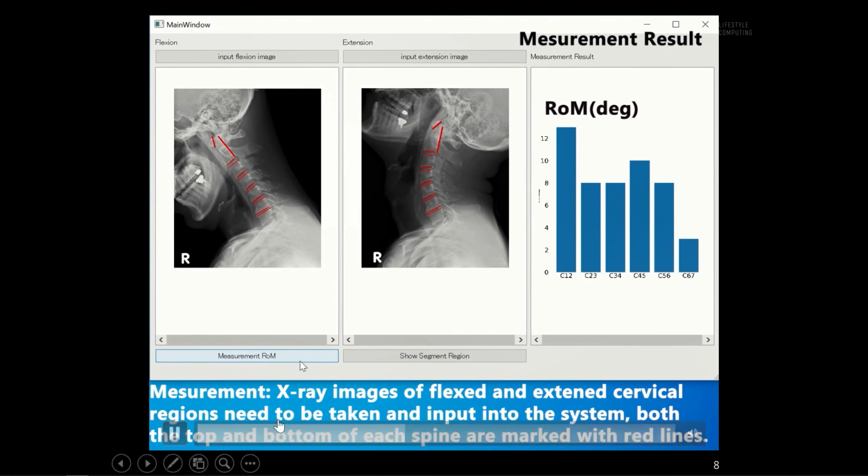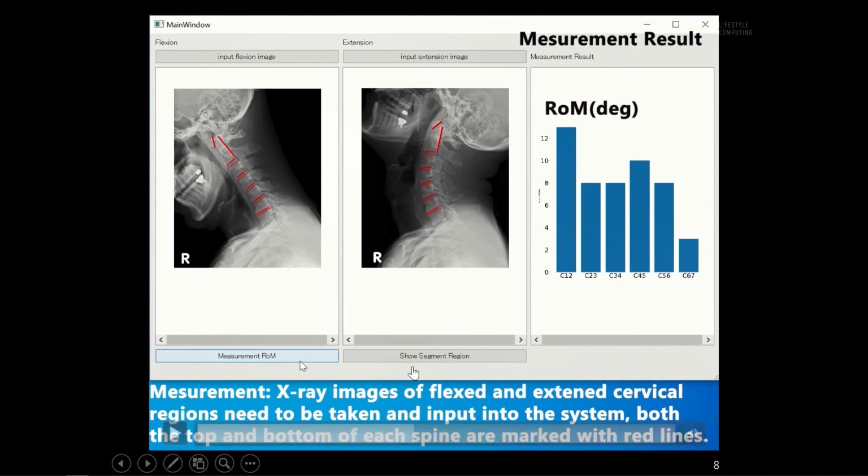X-ray images of flexed and extended cervical regions need to be taken and input into the system. Both the top and bottom edges of the vertebrae are marked with red lines. The next step is to calculate the angle differences from each pair of lines between the flexion image and extension image.